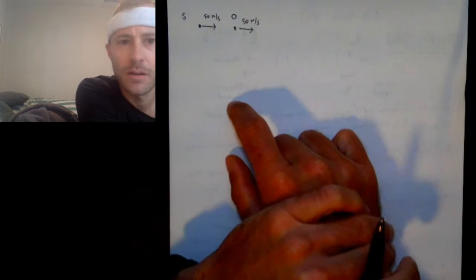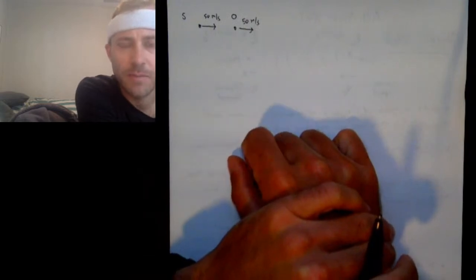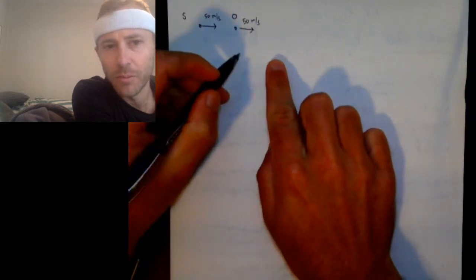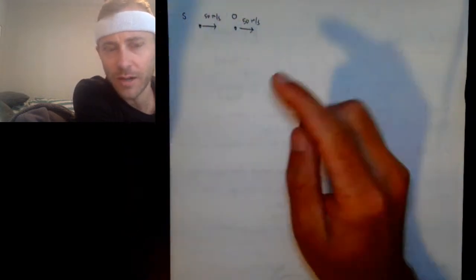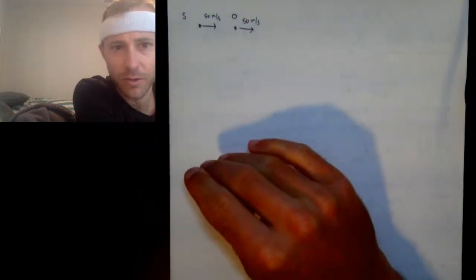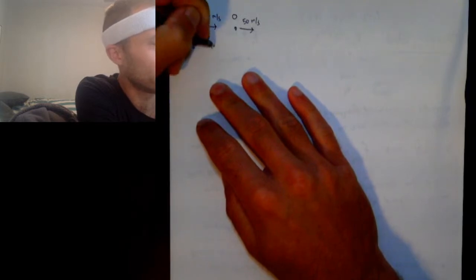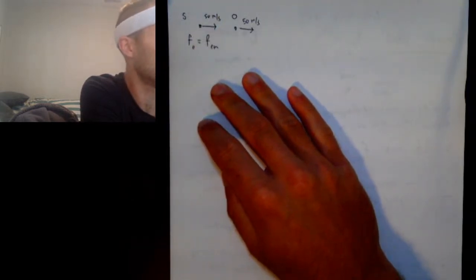In this case, the source and the observer are both moving, but at the same speed, so they're not getting any closer together and not getting any farther apart. And so the observed frequency is going to be equal to the emitted frequency.